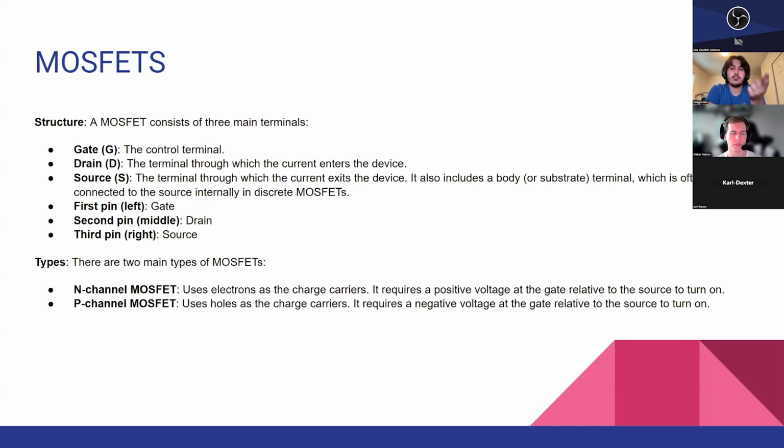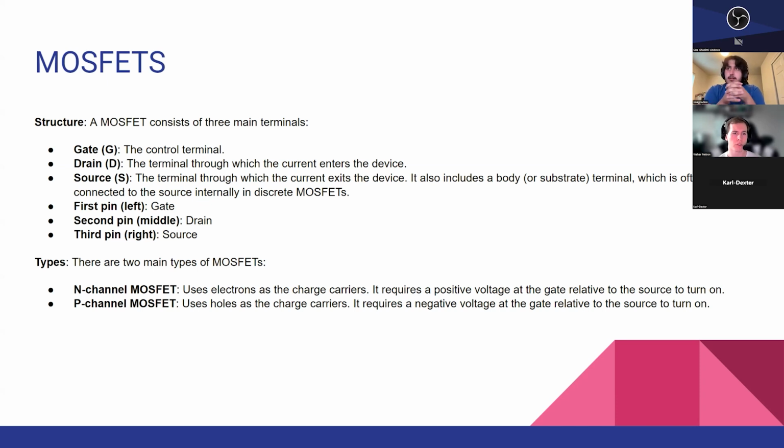In the P-channel MOSFET, if you look at the pictures, there are two heavily P-doped sides, and then the middle one, your gate, is N. For the N-channel MOSFET, you have two heavily doped electron sides, and your gate is P-sided.